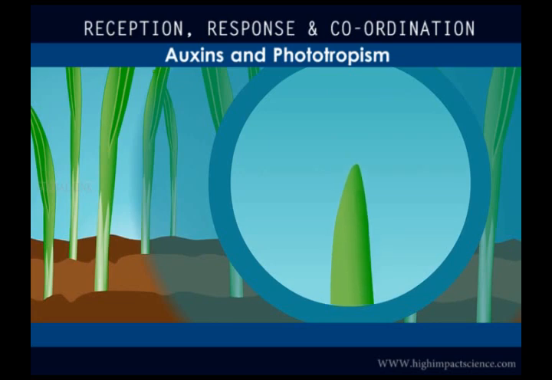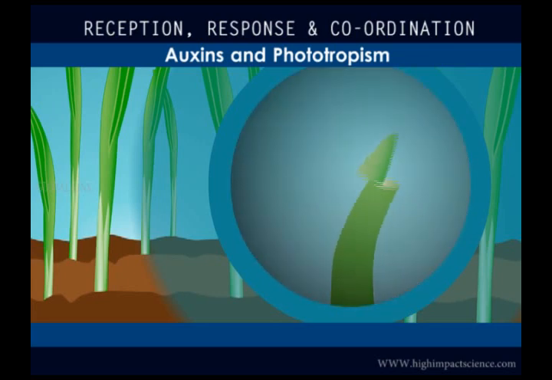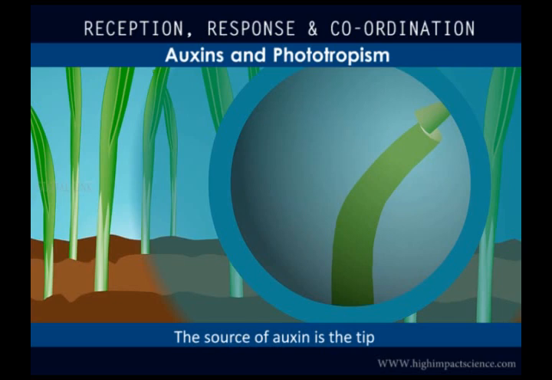In yet another experiment, the tip segment was cut and placed off-center. Even in the dark, the coleoptile bends towards the side without the tip. This proves that the source of auxin is indeed the tip.